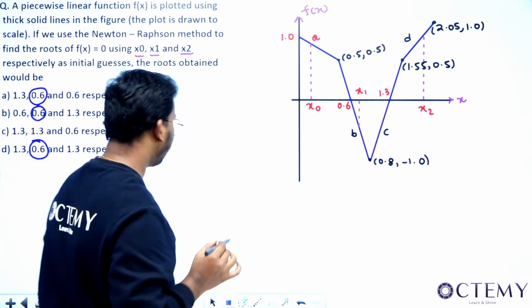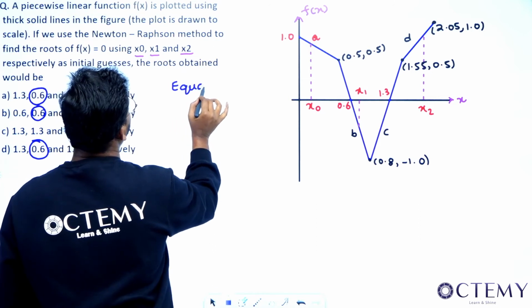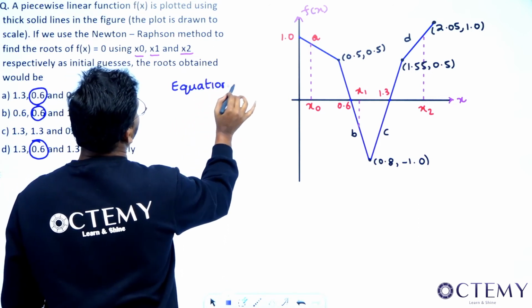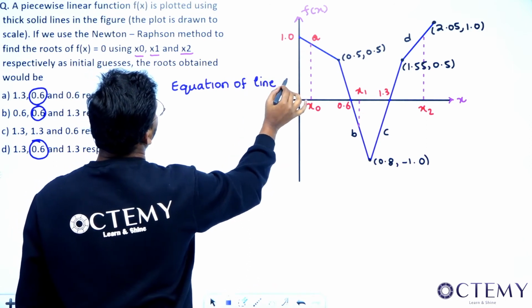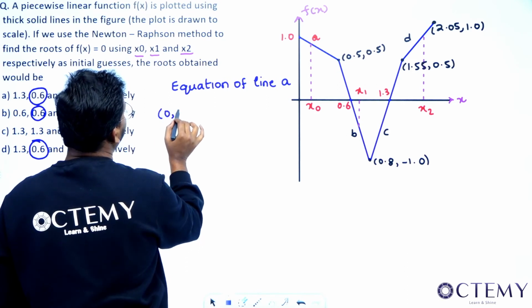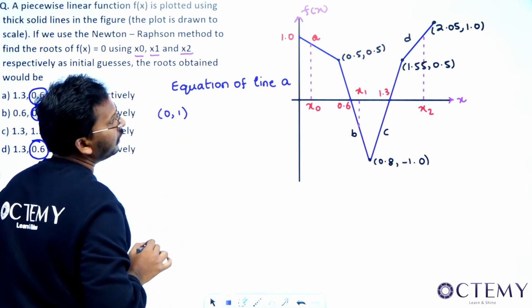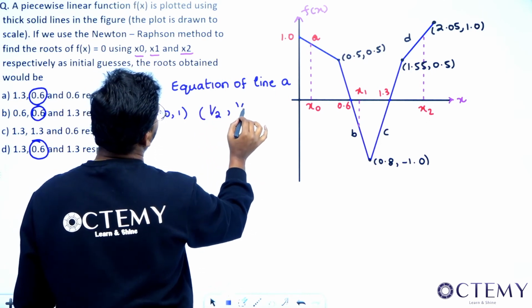Now let us find the equation of line A. That small a is the line name, sir. So what are the points we have? Point 0, comma 1, and what is the other point? That is 1 by 2, comma 1 by 2.